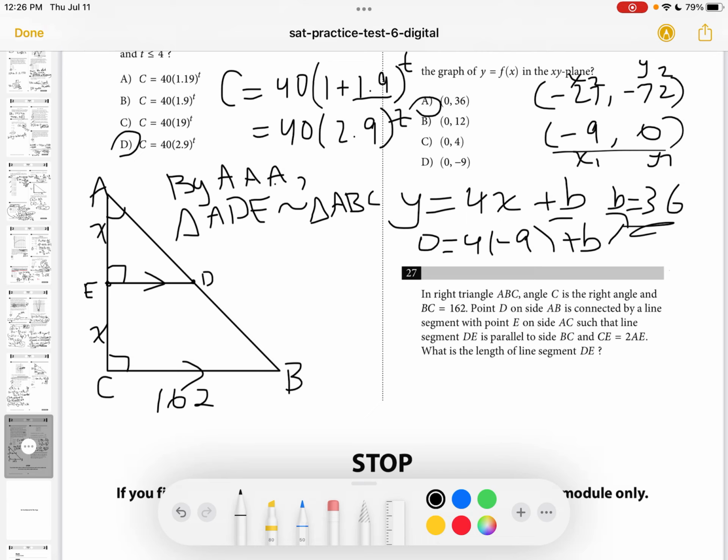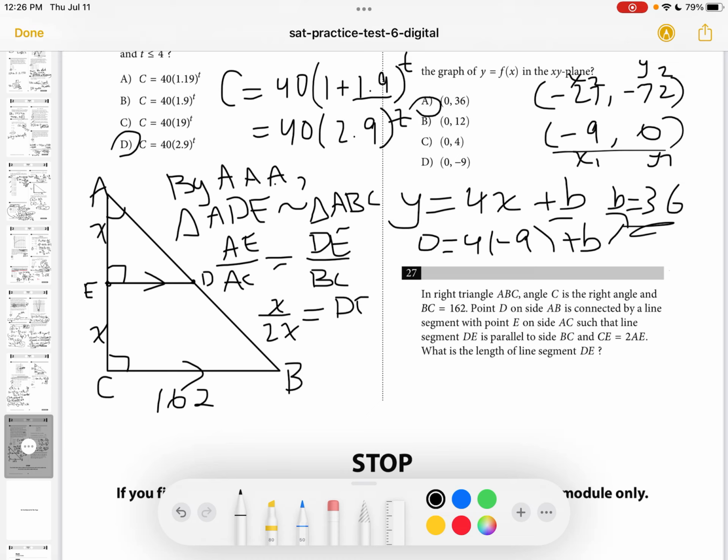Now, what does that mean? Right? It means that the ratios of the sides are the same. So what sides do we know? Well, we know what AE is and we know what AC is. So AE over AC is equal to, now what do we want to find? We want to find DE. Now what does DE correspond to? It corresponds to BC. So AE is x, AC is 2x.